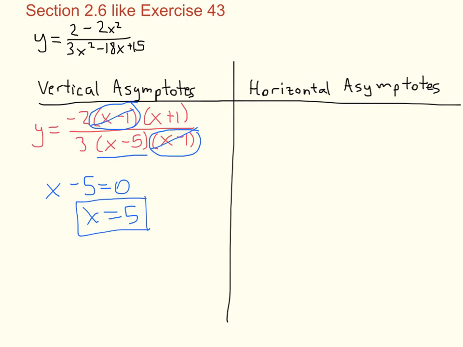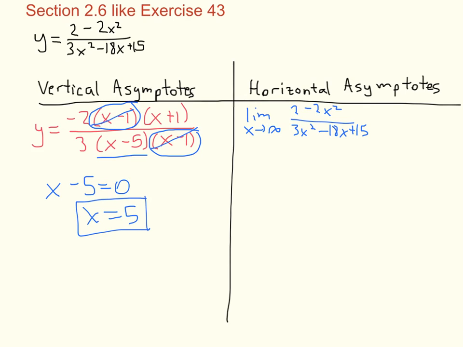Next, we go over to the horizontal asymptotes. How do we find the horizontal asymptotes? We look at the limit as x approaches positive infinity of our function (2 minus 2x squared) on the top, over (3x squared minus 18x plus 15).